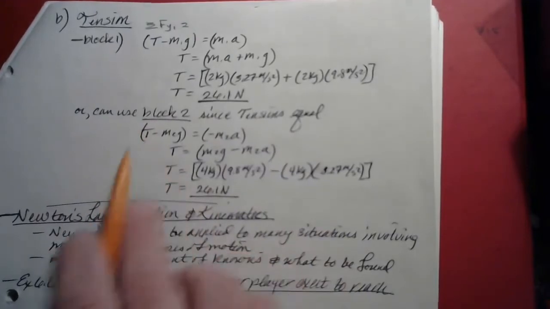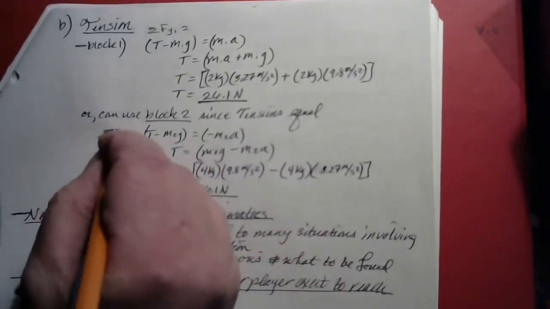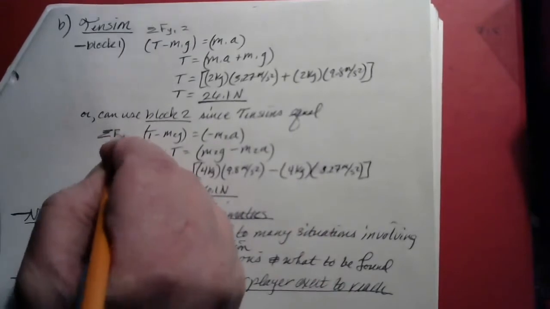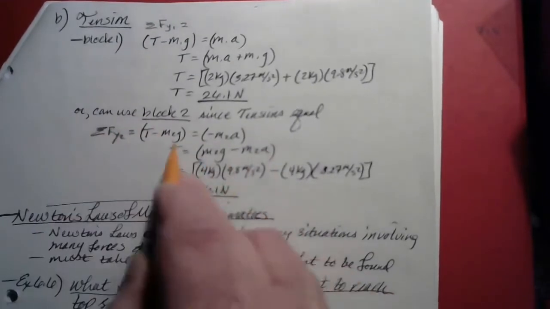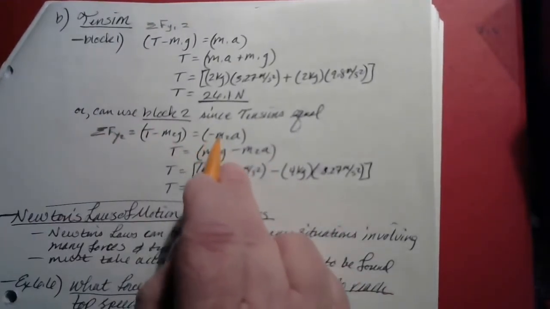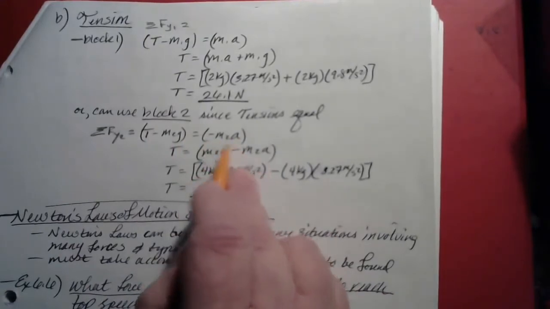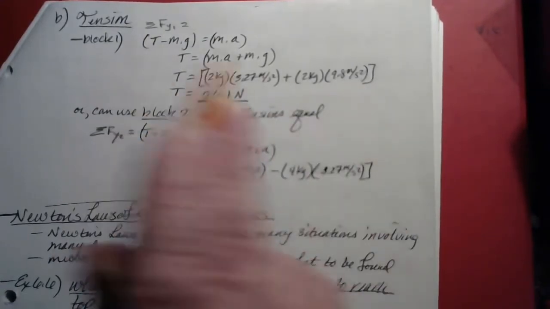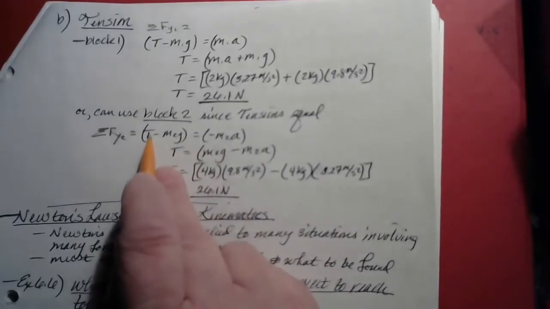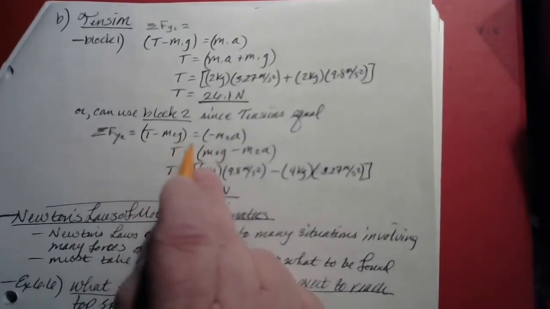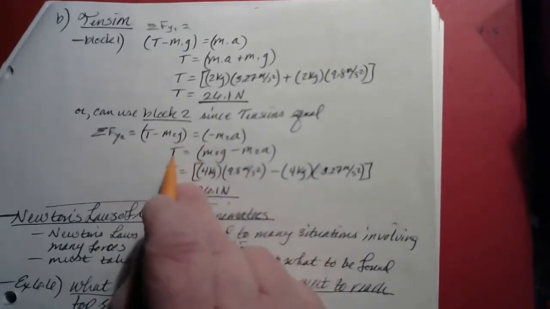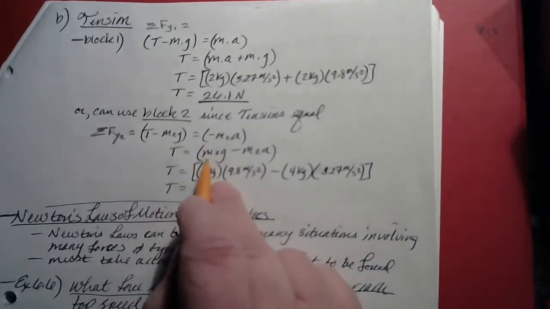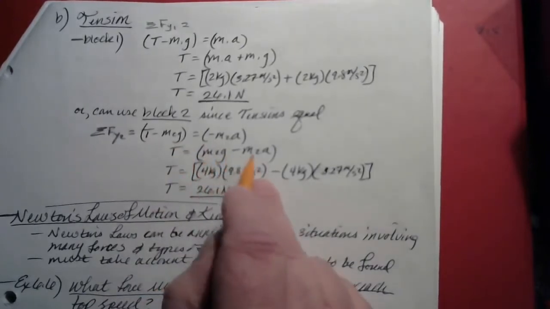Using block 2, the summation of all of the forces in the y direction on block 2 would be equal to negative mass 2 times acceleration, which we saw in the last part, which is also equal to the tension minus mass 2 times g. Again, we can solve for the tension here. That ends up being m2g minus m2a.